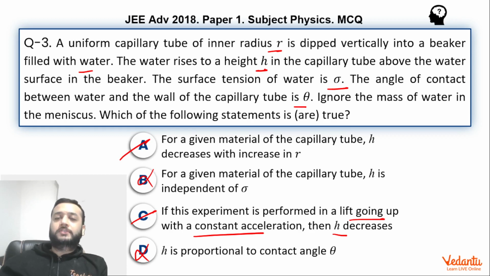Okay. So that is what some of the few students thought, and hence they were in a dilemma and they did not mark option C and they ended up getting partial marks, right? So I believe that IIT should have been more careful with their statement framing. Of course, they wanted to say that it is going with a constant acceleration that is directed upwards.